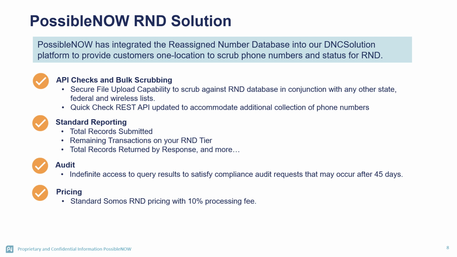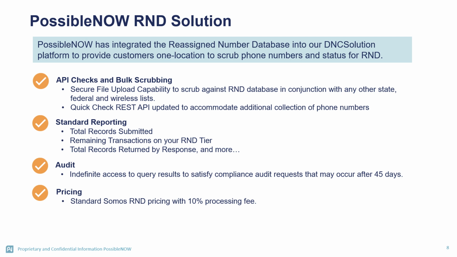So in DNC solution, you'll be able to check your numbers against these relevant do not contact lists at a state and federal level, as well as identify wireless numbers appropriately, but also identifying numbers that are on the reassigned number database and how you should manage those moving forward. So you can access the R&D, again, through our APIs. We have a full set of RESTful APIs for you to check your numbers against, but you can also access it through high volume batch scrubbing through the web interface or through SFTP as well.